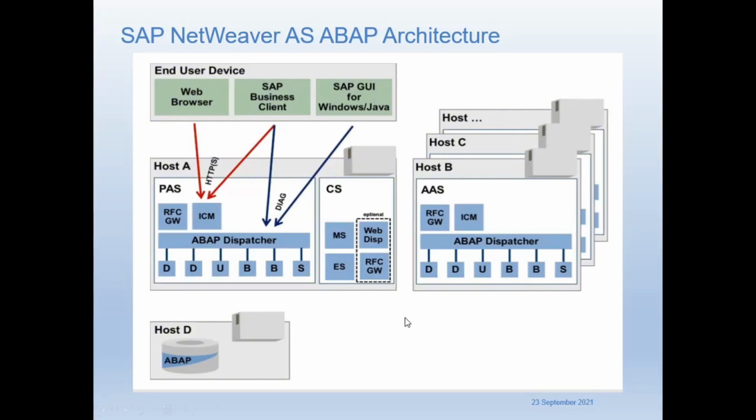You can see here, in the central service instance, there is a web dispatcher. This is optional, guys. Dispatcher will take the request from the GUI, graphical user interface. But if the request is coming from Internet Explorer, normal dispatcher is not sufficient. To manage this load, we need to have a web dispatcher.